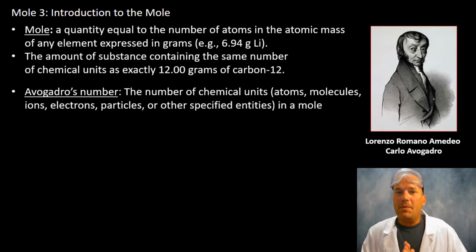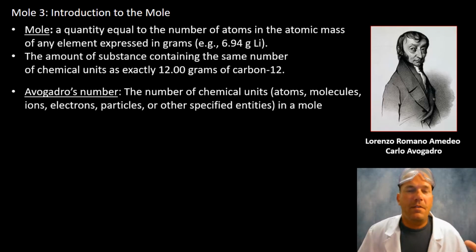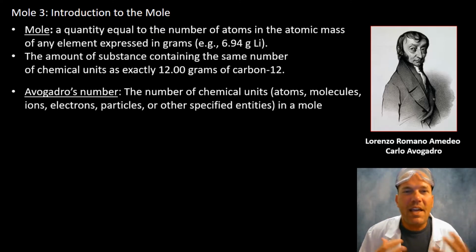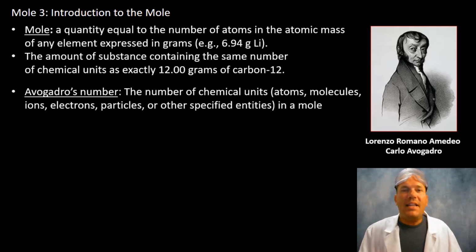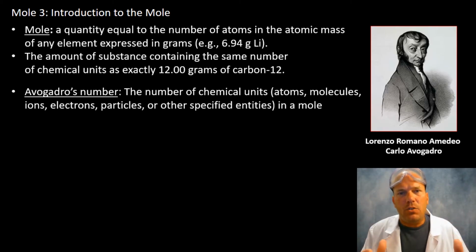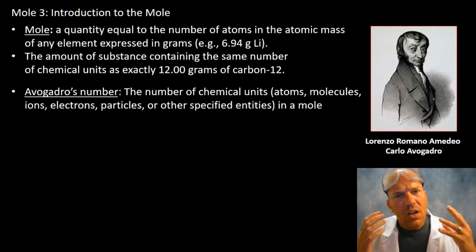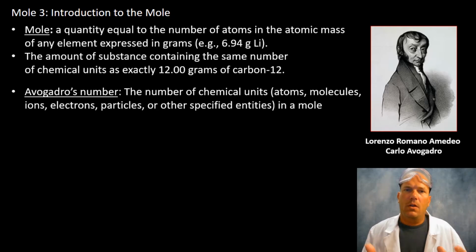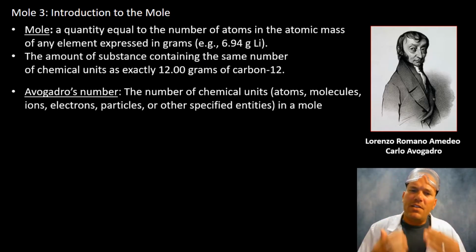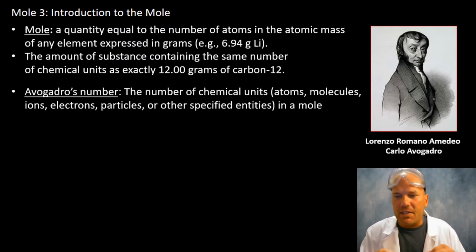This is leading up to a very famous number, and I bet many of my students are familiar with his name. In my class, we will refer to him as his full name of Lorenzo Romano Amadeo Carlo Avogadro. Okay? Now, his number is the number of chemical units.